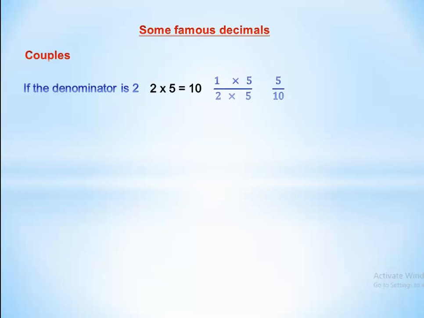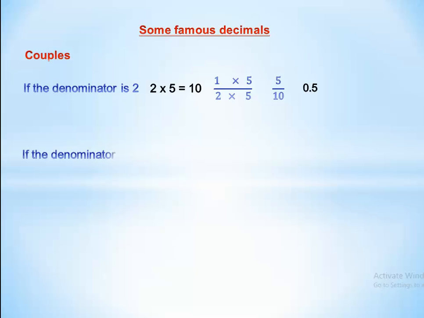Let's see how we can find the famous fractions or decimals, which have a denominator of 2, 4, 5 or 8. For denominator 2, we know that 2 times 5 equals 10. So if we have a fraction like half, we multiply both numerator and denominator by 5. It will be 5 over 10.